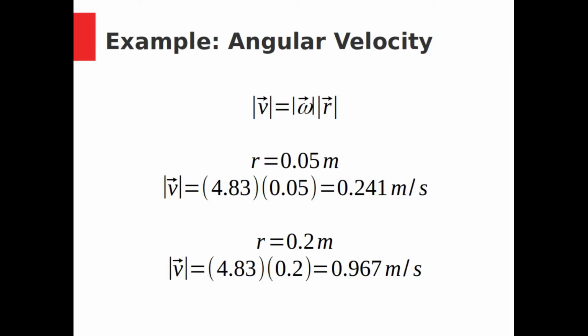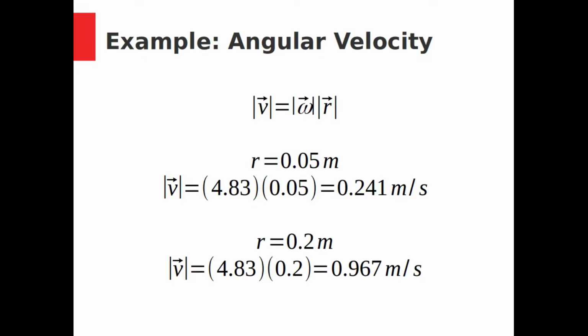Once again, we can also work out the linear velocities of the stickers using this equation. It's very similar to the earlier one for angular displacement. Take the angular velocity in radians per second, multiply it by the distance in meters, and you get the linear velocity.